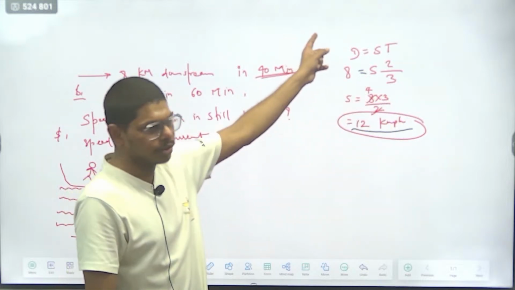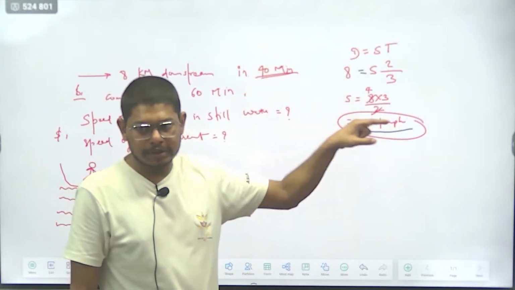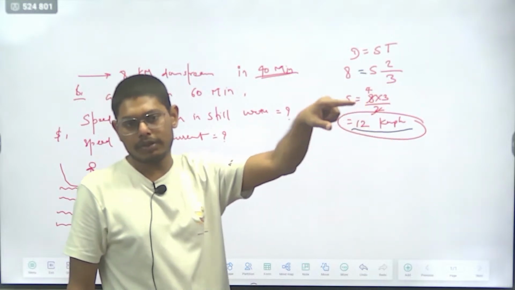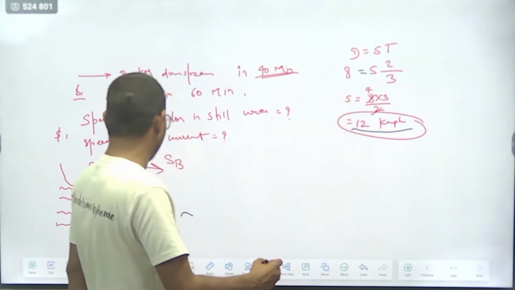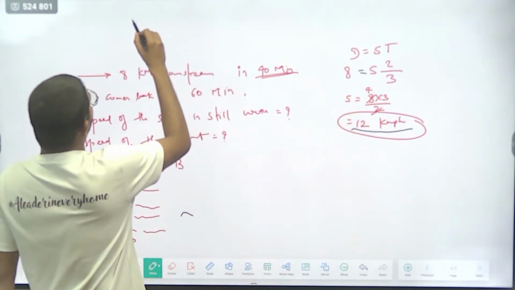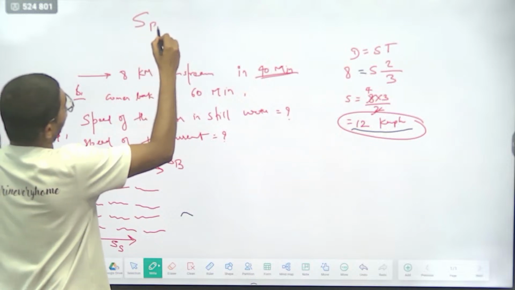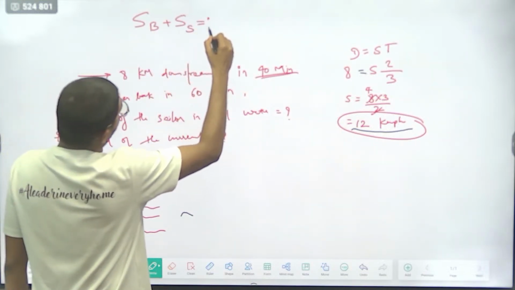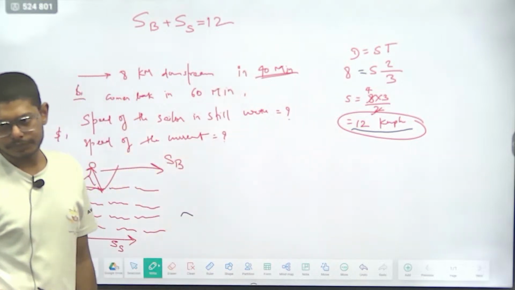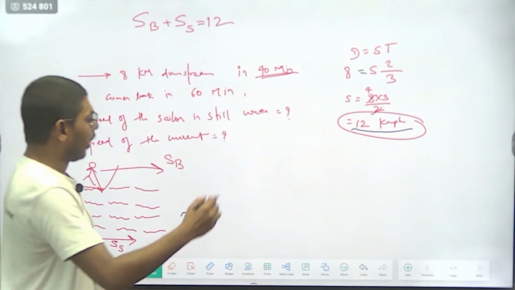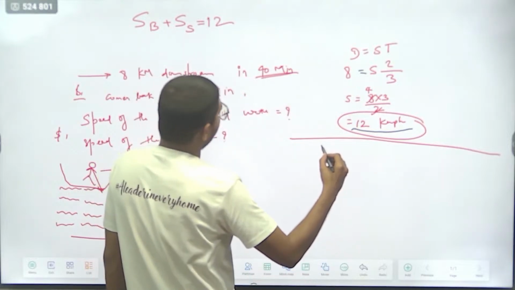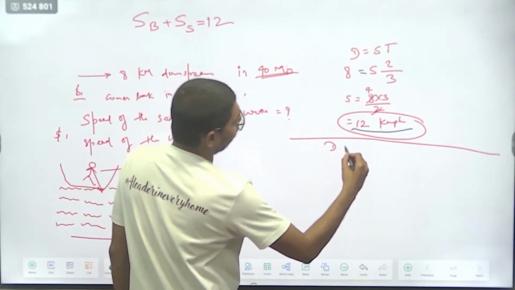He went downstream. That means the person's speed was there, plus the speed of the stream was also there. So I would call it speed of the boat plus speed of the stream is equal to 12, right? When it goes upstream, again d will be equal to st.